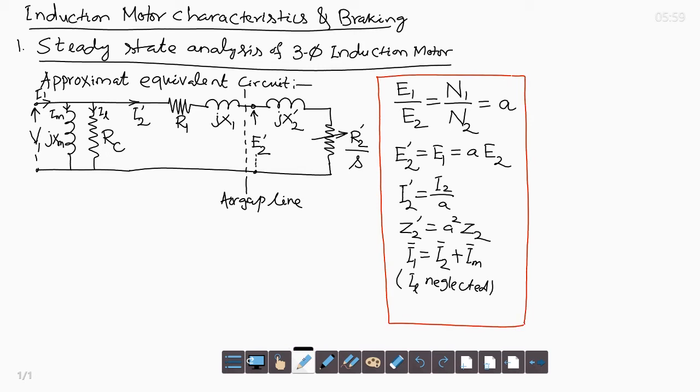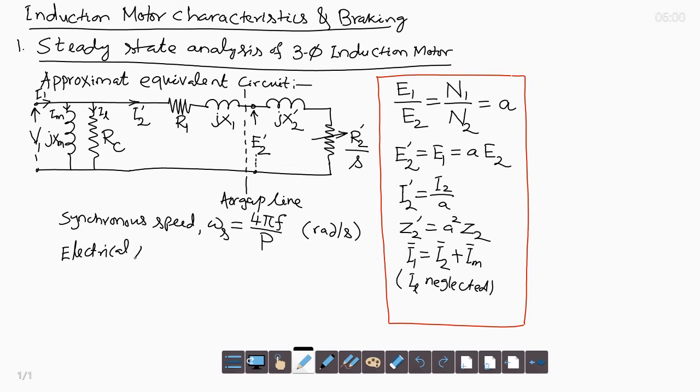Then we have the synchronous speed omega s in radian per second. It is 4 pi f by p. F is the frequency in hertz and p is the number of poles, and the unit of omega s is radian per second. And the electrical synchronous speed omega e is 2 pi f, so that is p by 2 times omega s.